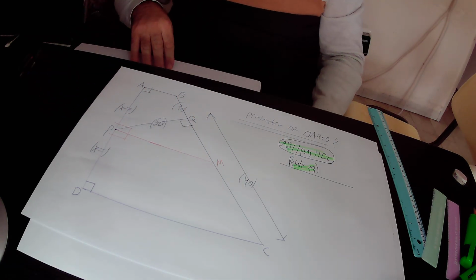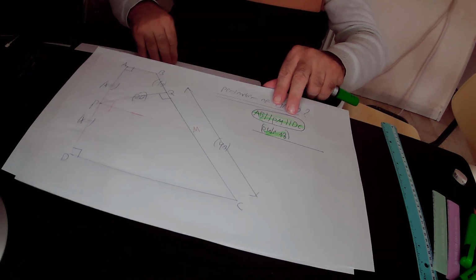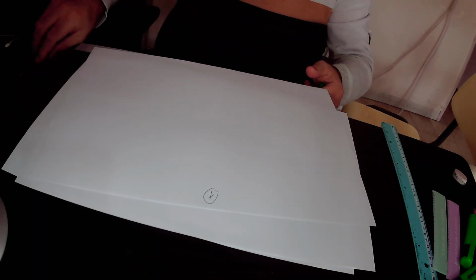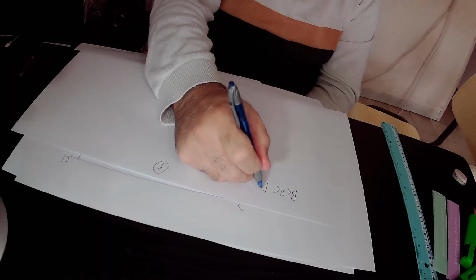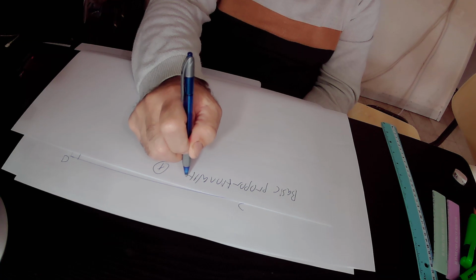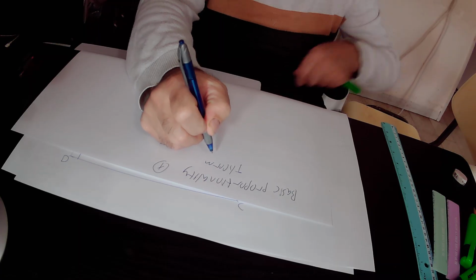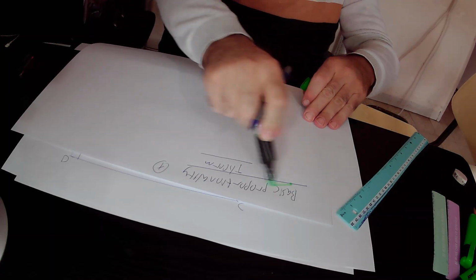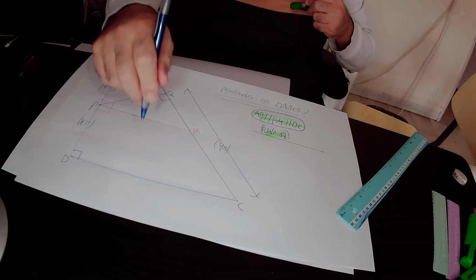So, I'll write it down. According to the basic proportionality theorem, a special relationship exists between AD and BC that connects those three parallels together.